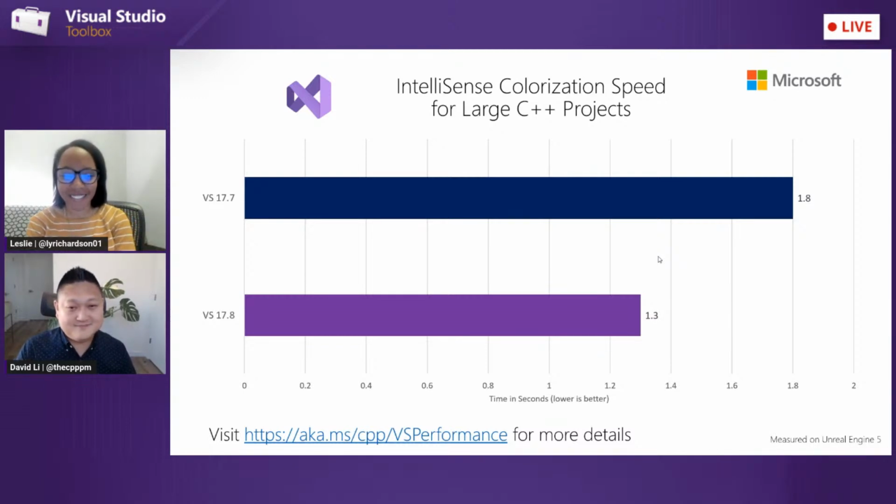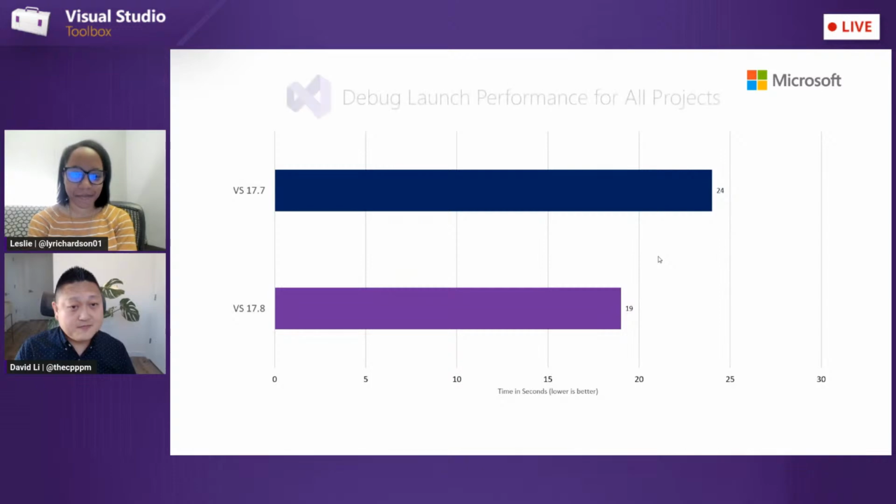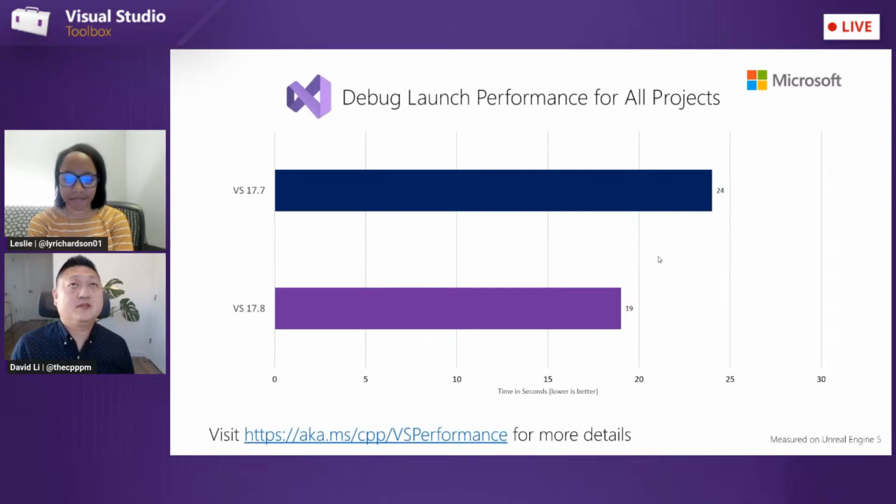Sweet. So aside from, for example, the colorization, which is an area you may encounter during design time, we have also improved launch performance for debugging. This is the time it takes when you press F5 until the debugger launches.